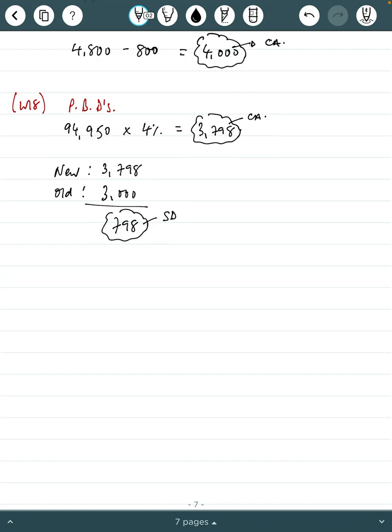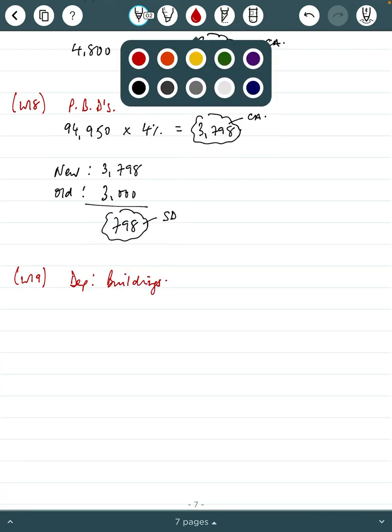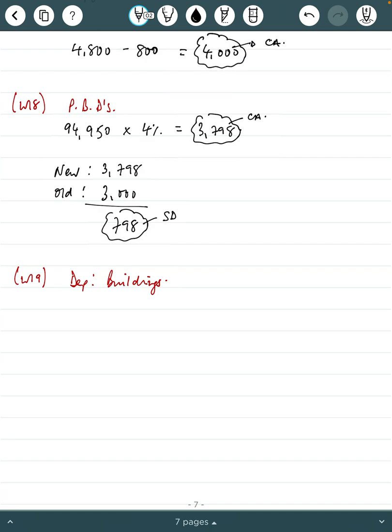Then it says finally that buildings are to be depreciated by 2% of cost. So this is depreciation on buildings. Looking at this question, there is nothing to do with buildings, gentlemen. There are no buildings sold, no buildings bought, no extensions or anything like that done, and no revaluation.